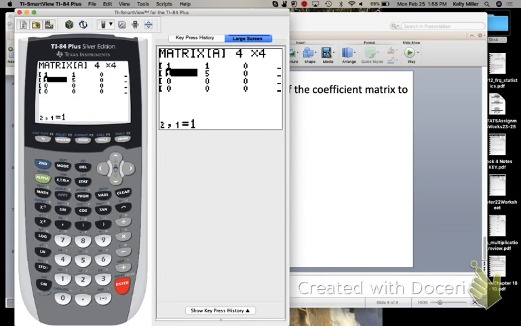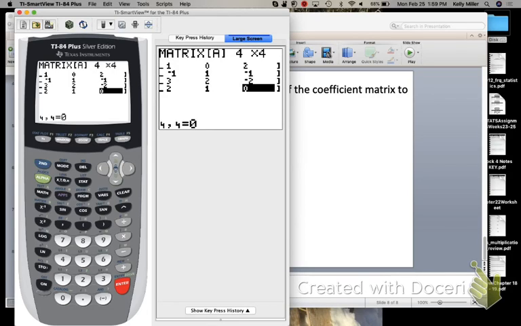What would it be for your second row? 2, -1, 1, -1. Good. 3, 3, 2, -2. And then your fourth row would be 1, 2, 1, 0.